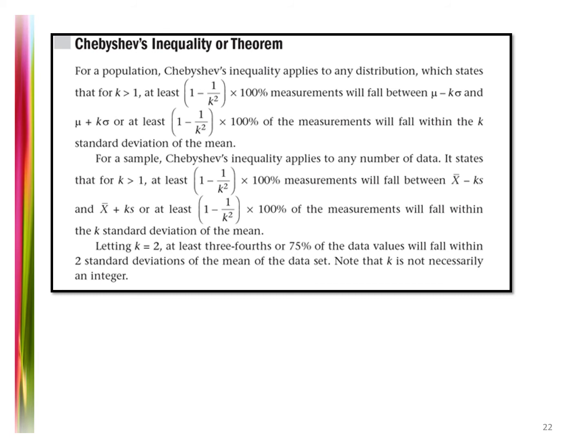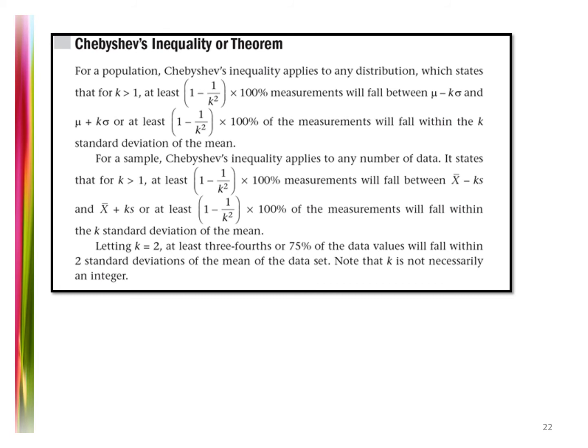This is an inequality theorem introduced by Chebyshev, one of the statisticians. For a population, the Chebyshev inequality applies to any distribution, whether symmetric, negatively skewed, or positively skewed, whatever.